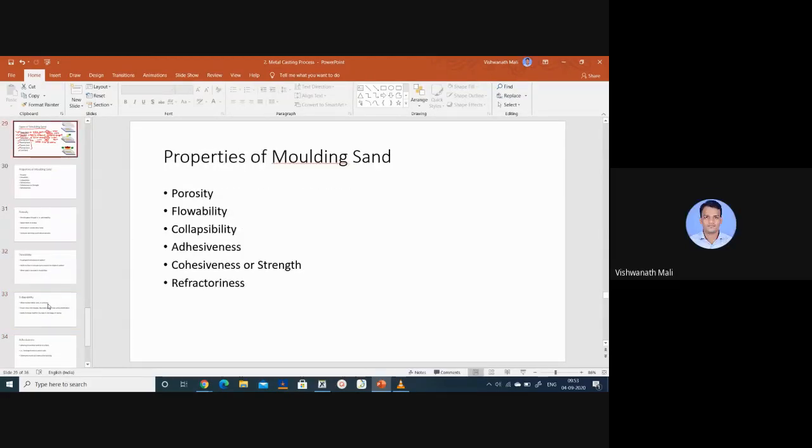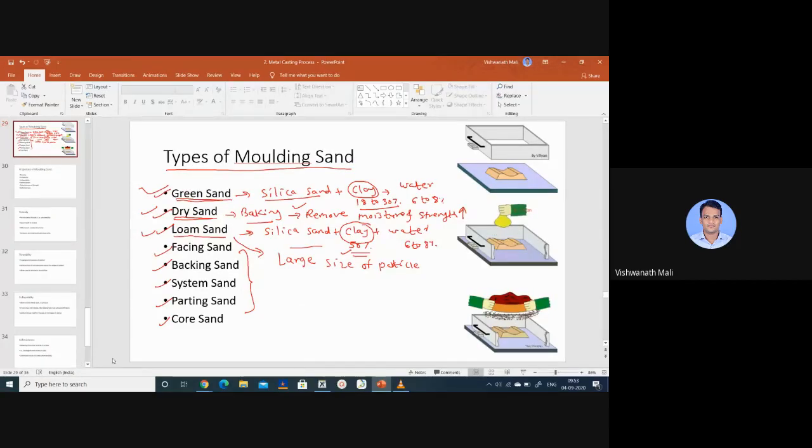System sand is generally used in mechanical, when we go for automatic. In mechanical or automatic, they mix this sand in proportion, backing sand and facing sand. Depending on the part size and part usage, they mix this facing sand and backing sand, and they call it system sand.